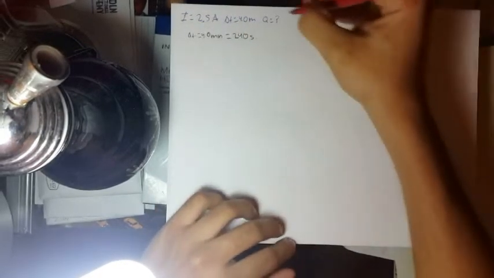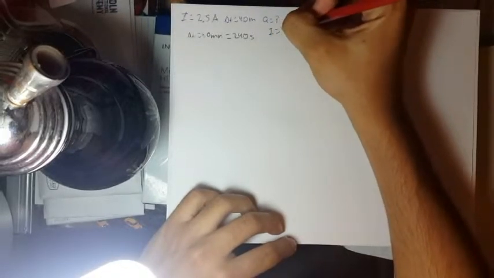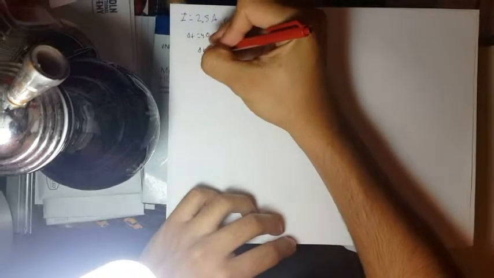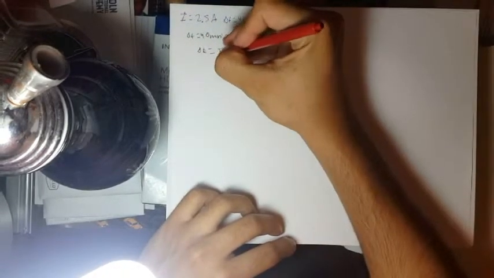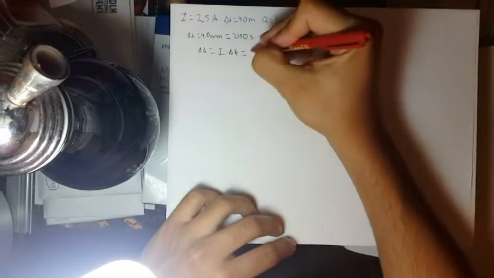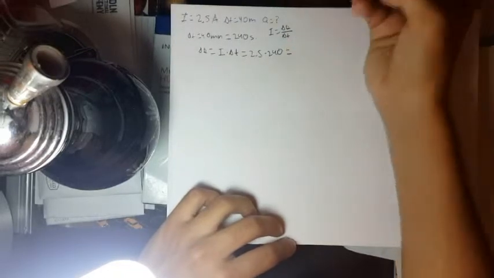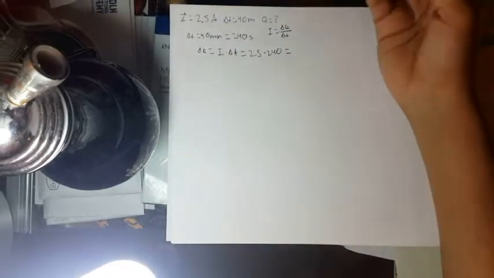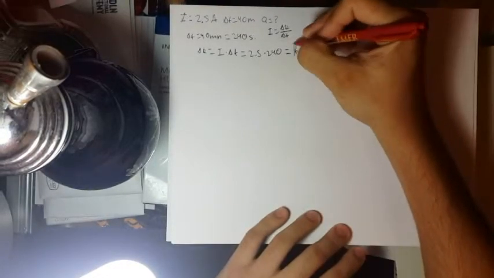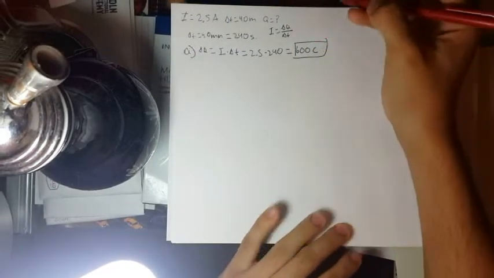And then we're going to use a simple equation: current is equal to change in charge over change in time, and therefore change in charge is equal to current times change in time. Therefore, it's going to be equal to 2.5 times 240, and that is equal to 600 coulombs. And as simple as that, we find the answer to part A.